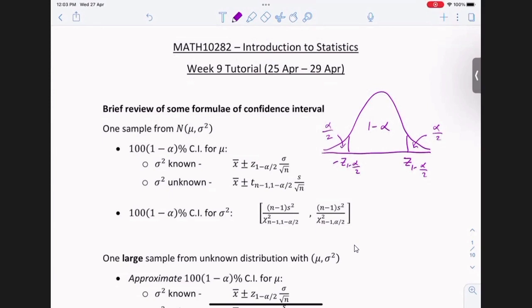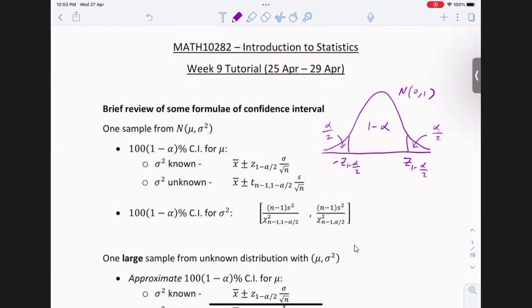Then z 1 minus alpha over 2 is the quantile at which the area to the left-hand side under the standard normal curve is equal to 1 minus alpha over 2, so that we have the coverage in between equal to 1 minus alpha. This is the standard normal curve, and this is obtained by using the standard normal distribution table or by using R.